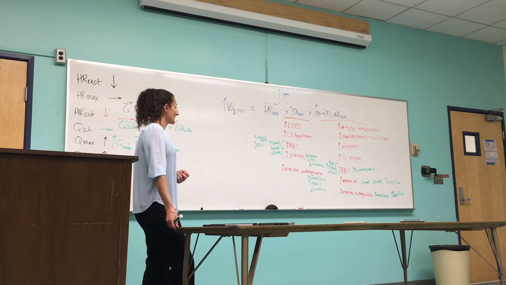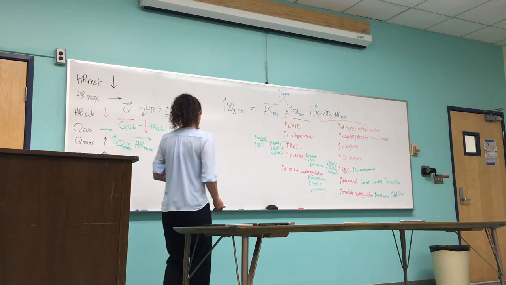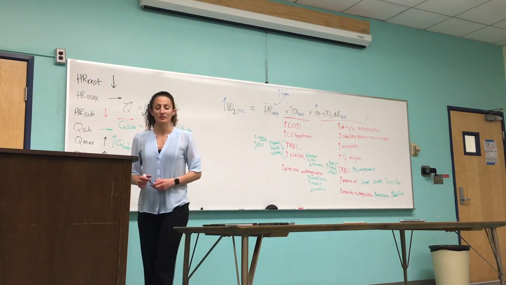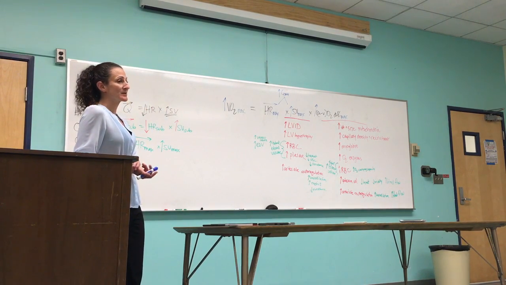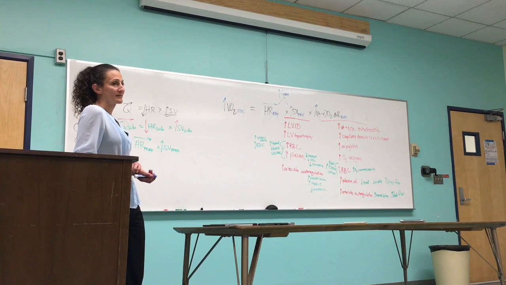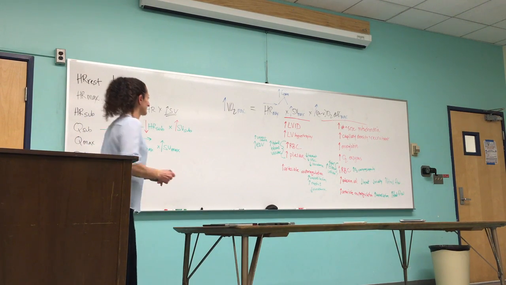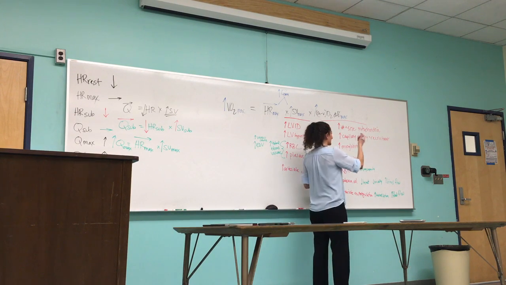So how many unique primary adaptations did I give you? The primary adaptations are in red. LVID. Unique just means not repeated.